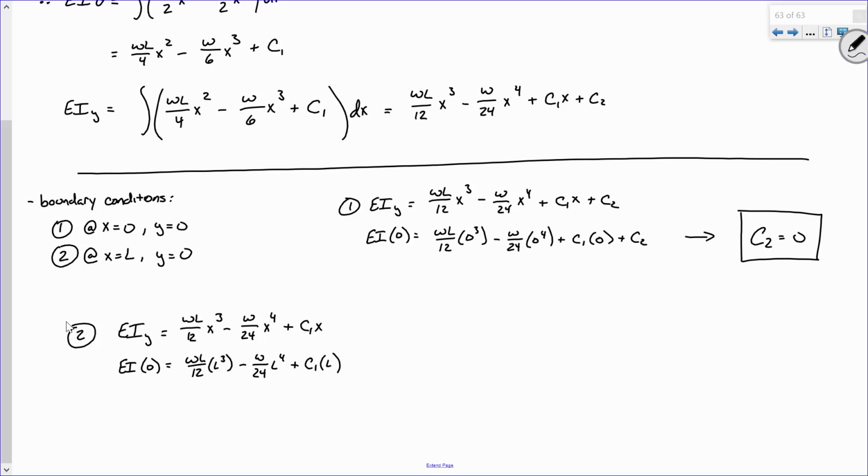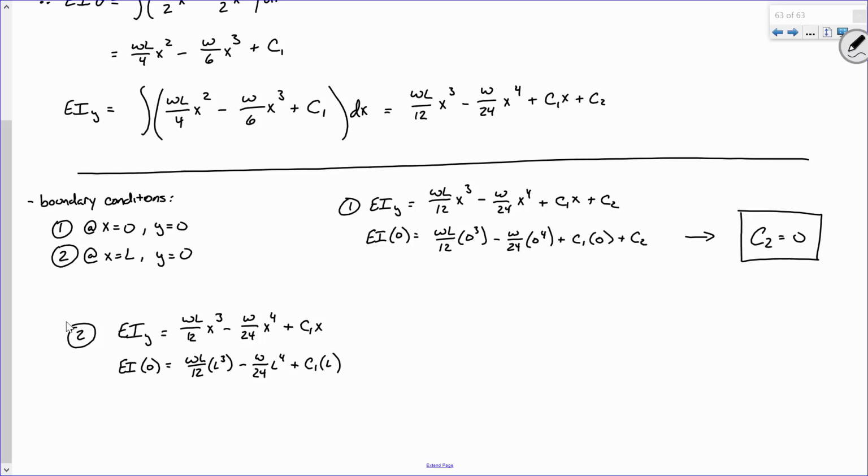So I plugged in x equals L, and I plugged in y equals 0. So everywhere there was a y, that turned into 0. Everywhere there was an x, that turned into L. Everybody okay with that?